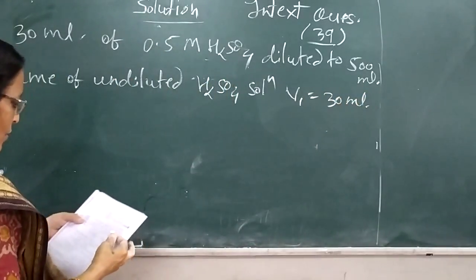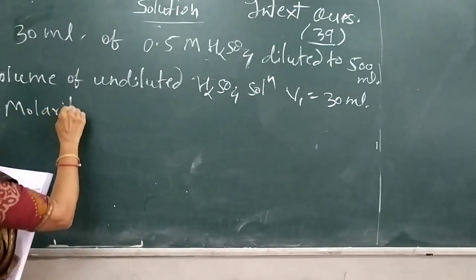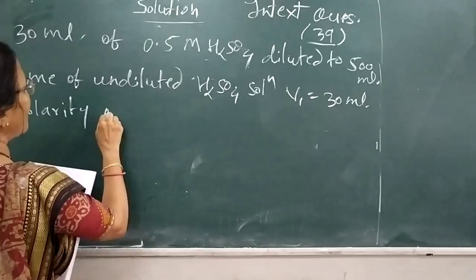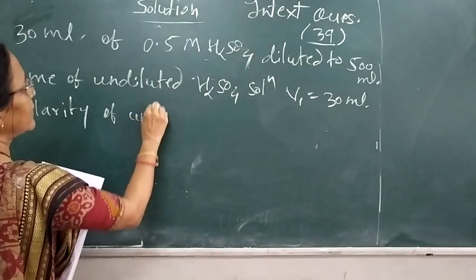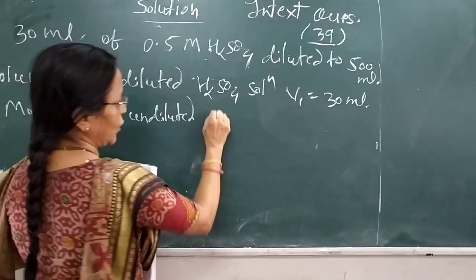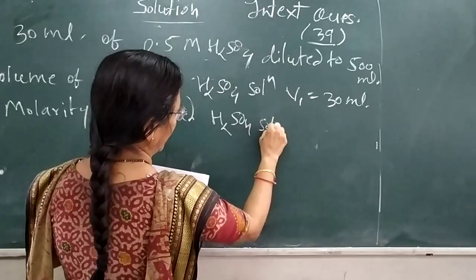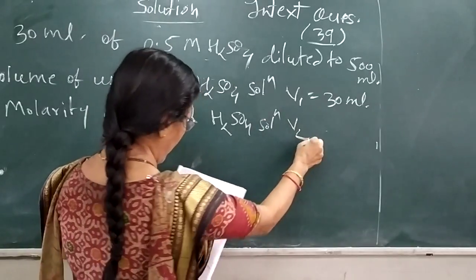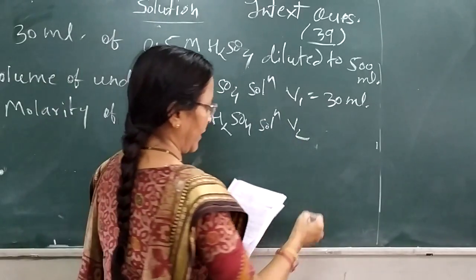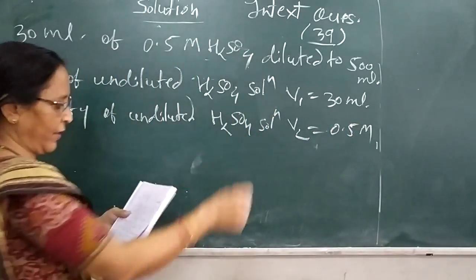Now the molarity of undiluted H2SO4 solution, that is M1, is 0.5 M, already given.